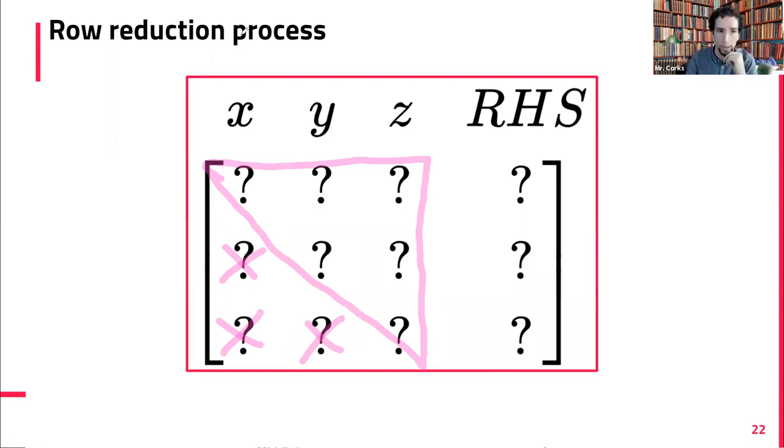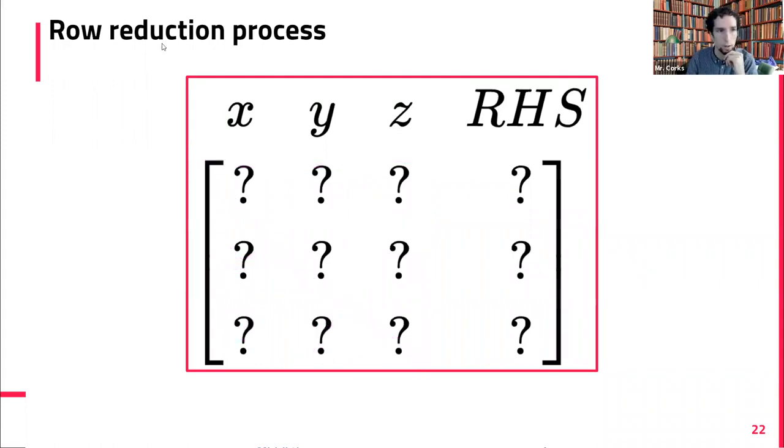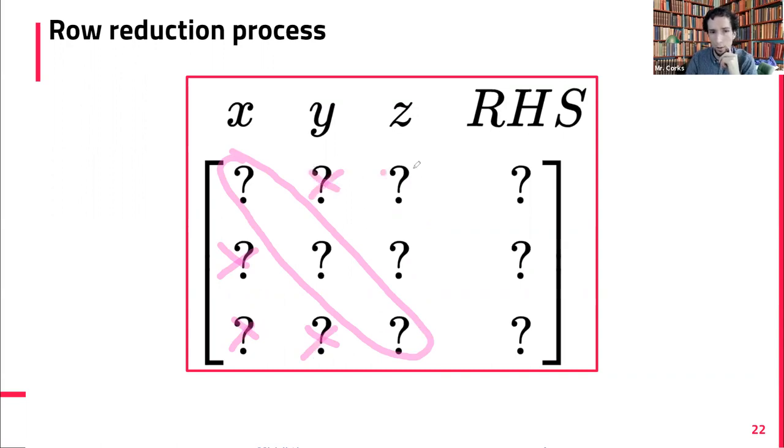And then our final step is to get this shape, so all zeros below and all zeros above our main diagonal. And then we just read off our values.